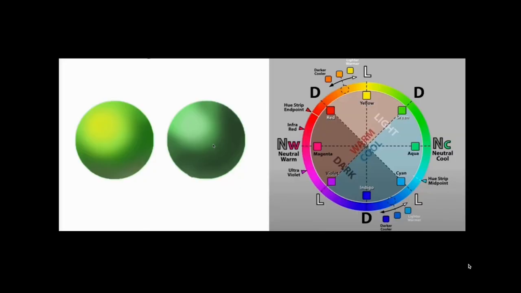Another thing that makes a difference is the coolness or the warmness of your colors. So this is a great example over here. There are two spheres. The one to the left has more of a yellow tone, which is a warmer tone.